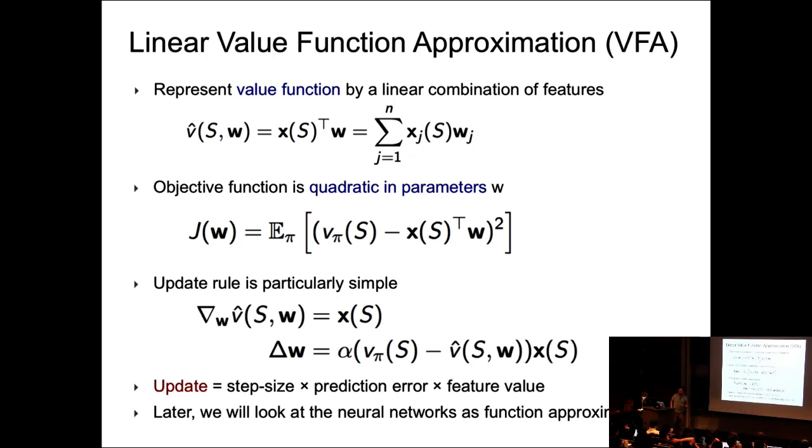If you look at this, you should start realizing this is like a least squares estimation. This is just a linear regression problem. If you know the true value of the state, this is just a regression problem. In fact, if I gave you the true value of the state, I could solve this problem just using least squares estimation. There is an optimal solution. It's a convex problem. I can just find you the optimal weights.